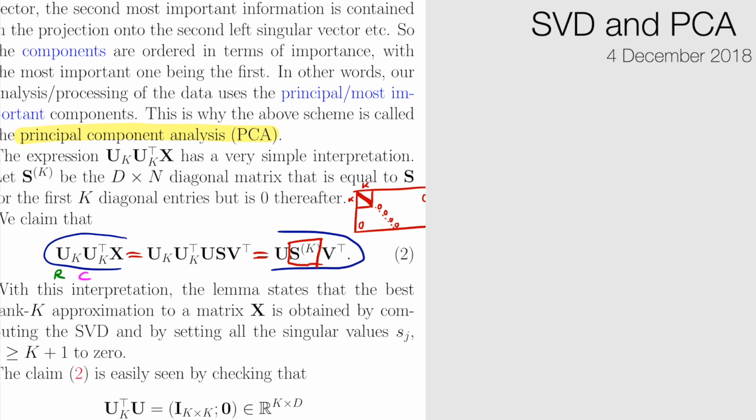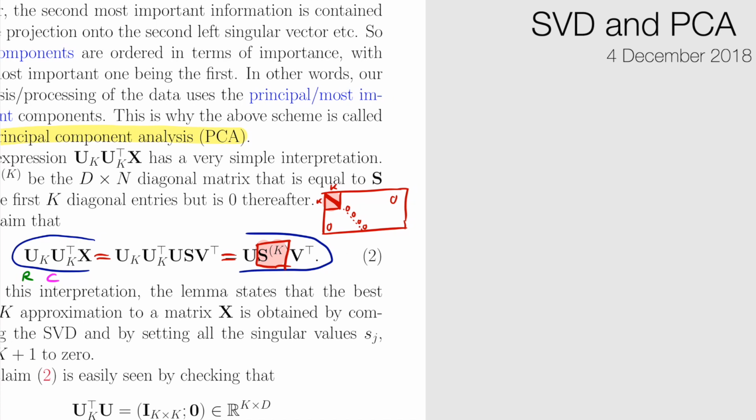It is a very small diagonal matrix, a small square k by k block that is non-zero, actually diagonal, and then it's multiplied with the full U and V matrices. The expression on the right is called the truncated singular value decomposition.